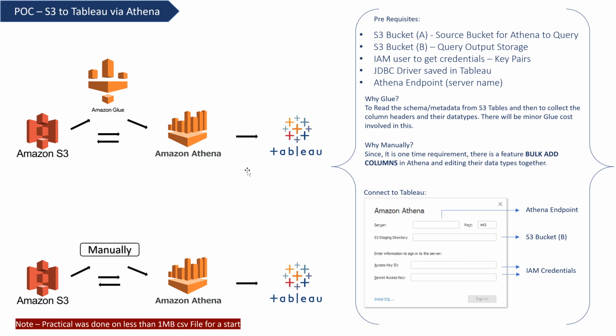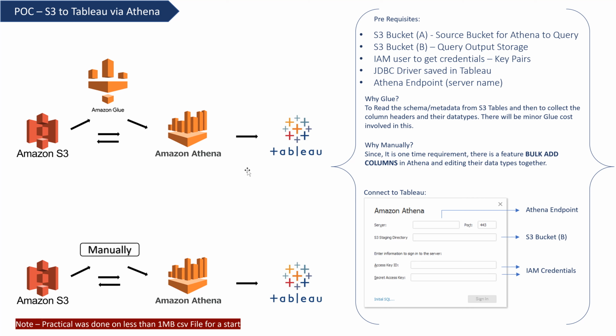So why do we need Glue? Glue is just reading the schema metadata from S3 tables to collect the column headers and their data types. So there will be a minor Glue cost involved, since you are not doing any ETL activity using Glue in this. Glue is just required to read the schema, just to read your column headers.